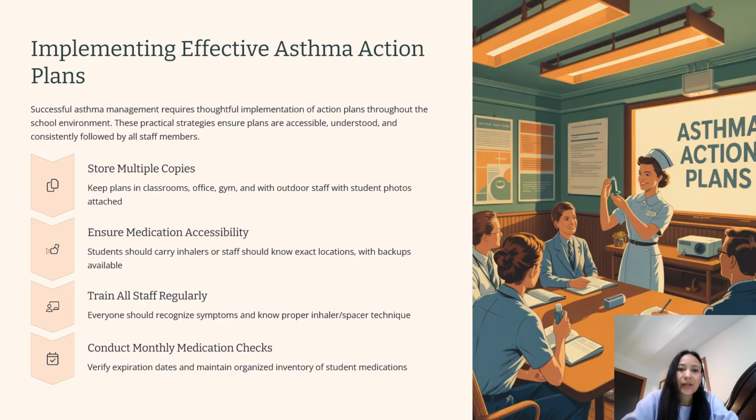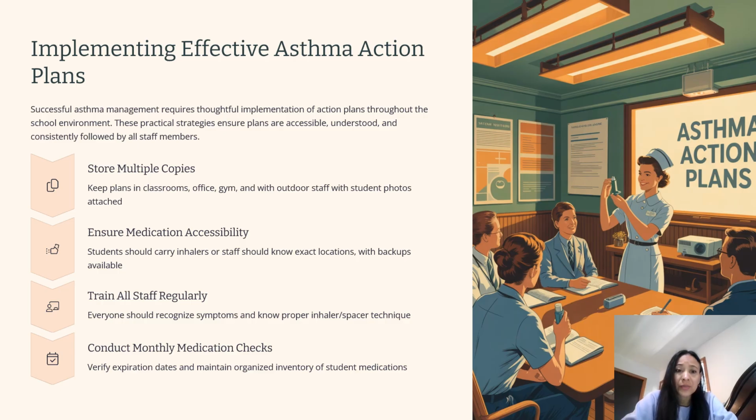To ensure an effective implementation of asthma action plans, we have to make sure that everyone is on the same page. And to do this, we have to make sure that plans are accessible, that everyone understands these plans, and that they are consistently followed by all staff members. So there are a few ideas of what we can do at school.